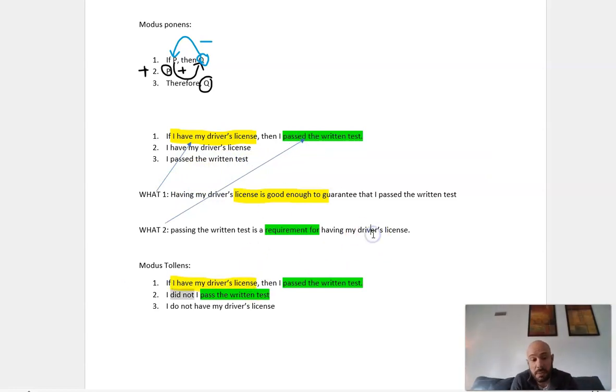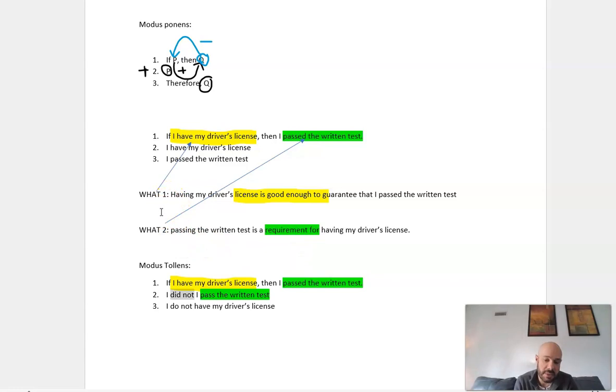And the what statement number two is going to state explicitly what the meaning of this is, or what role it's playing. To do that, you're just going to use one of the indicator phrases. You'll say, passing the written test, well, that's required for having my driver's license, right? Passing the written test is a requirement for me having my driver's license. And so these are called what statements.